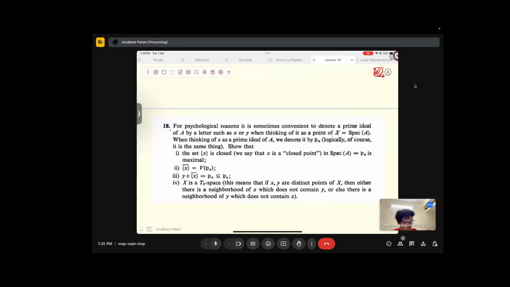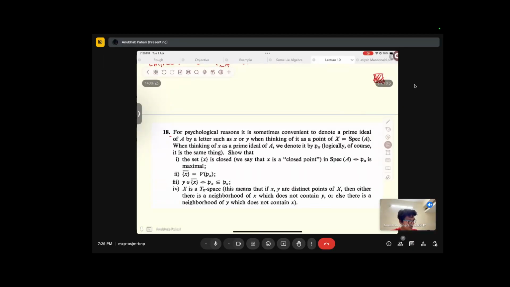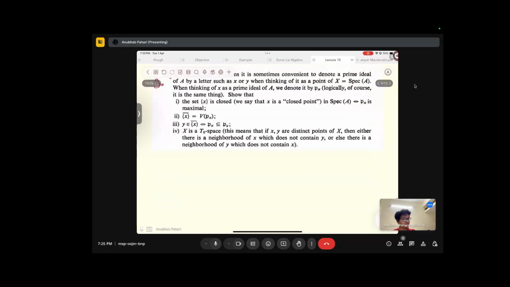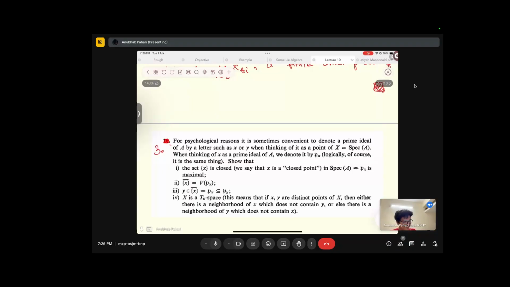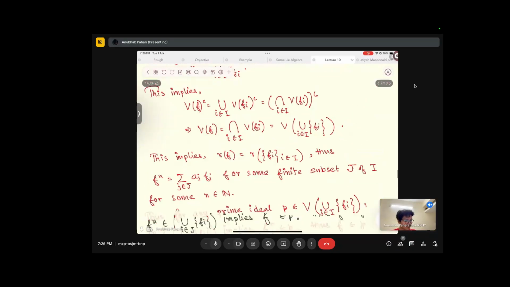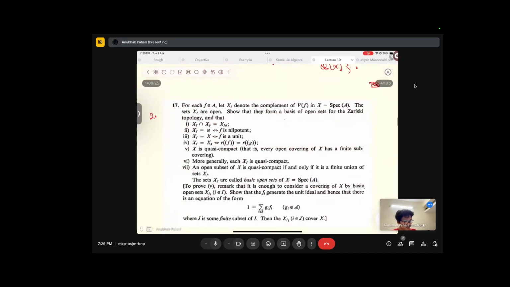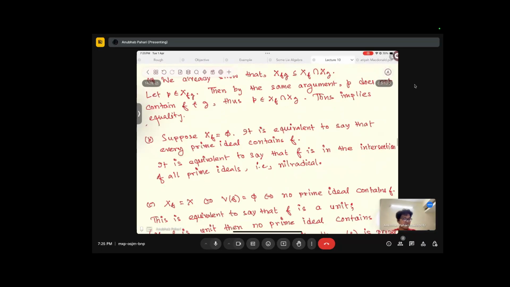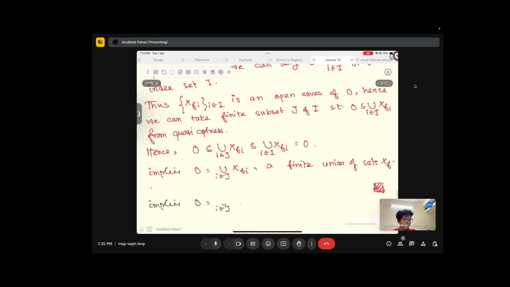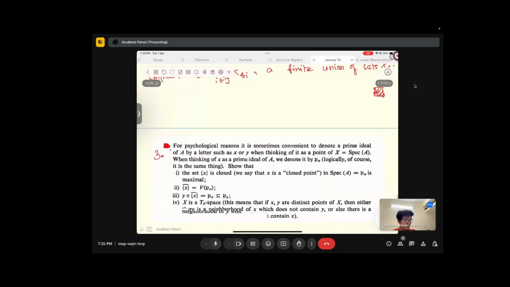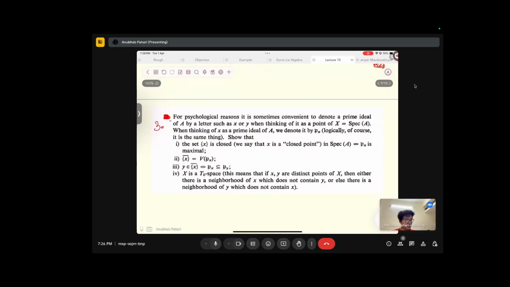Maybe I should erase this number so that it is less confusing. So try to understand the problem for 5 minutes, then we'll be doing this.